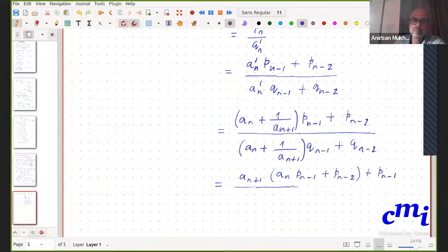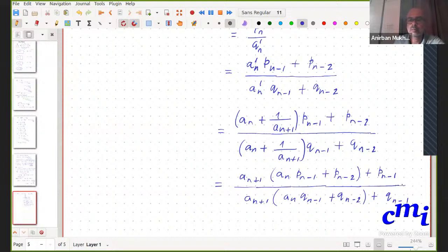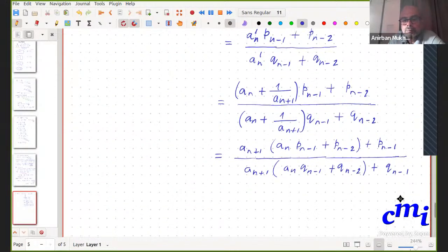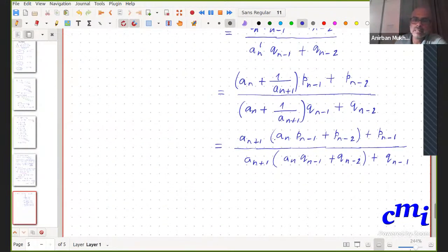Similarly, the denominator just replaces P by Q: an plus 1, an qn minus 1 plus qn minus 2 plus qn minus 1. Now we use the recursion. From the recursion relation, whatever this whole thing in the bracket is, is pn.